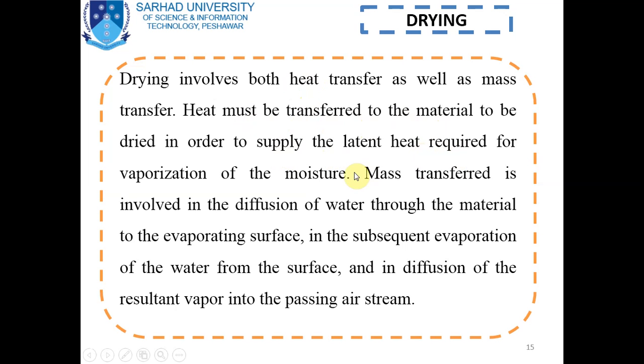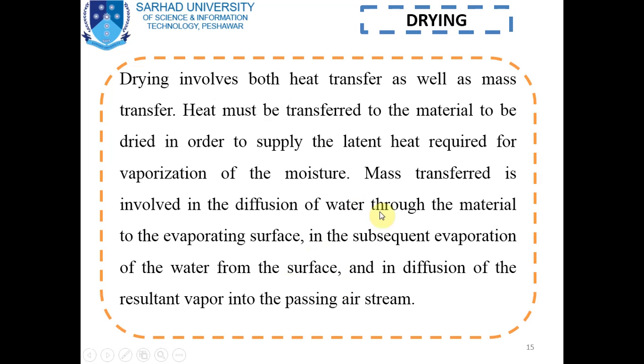Recalling from a previous week's lectures, we discussed that latent heat of vaporization is required to evaporate the material, and mass transfer is involved in the diffusion of water through the material to the evaporating surface.